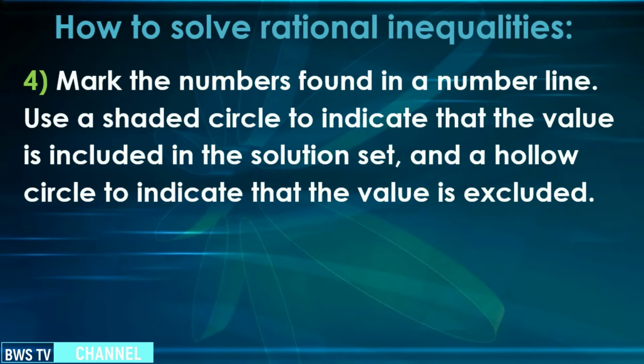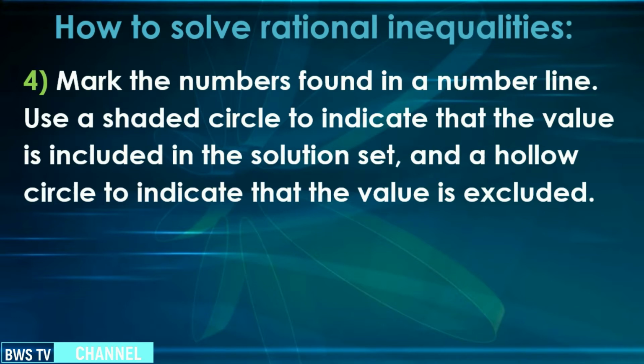For the numbers that are included in the solution set, you need to use a shaded circle, to indicate that the number is included in the solution. For numbers that are not included, you need to put a hollow circle.